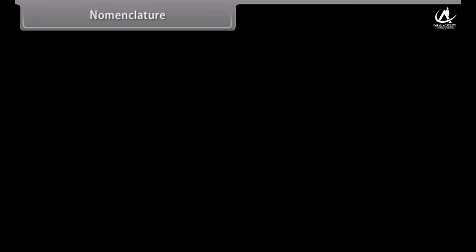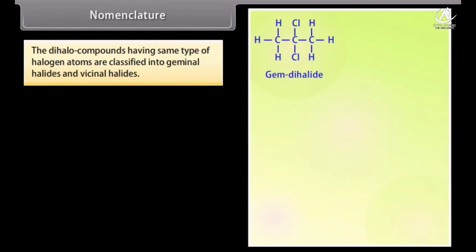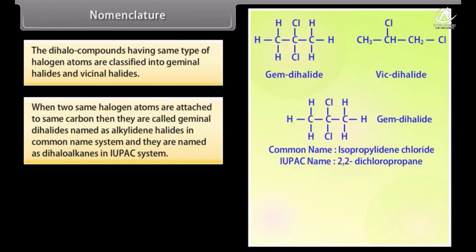Nomenclature. The dihalo compounds having the same type of halogen atoms are classified into geminal halides and vicinal halides. When two same halogen atoms are attached to the same carbon, they are called geminal dihalides, named as alkylidene halides in common name system, and dihaloalkanes in IUPAC system.